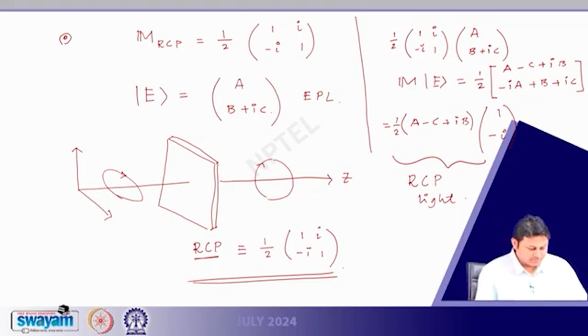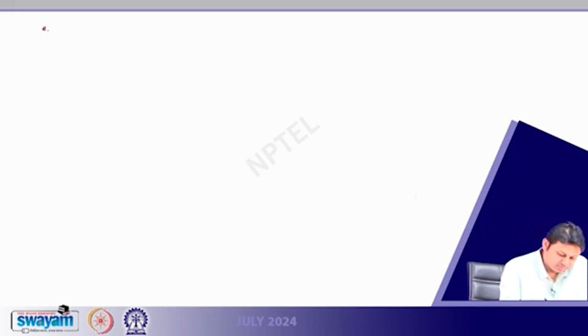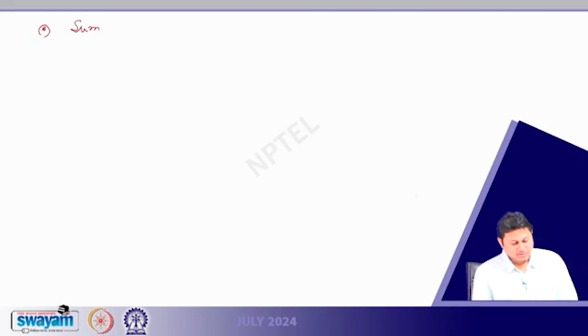Well, now I quickly summarize the Jones vectors for all the cases, like we did for the polarizer, phase retarder and rotator. For these optical systems we did the Jones matrix.